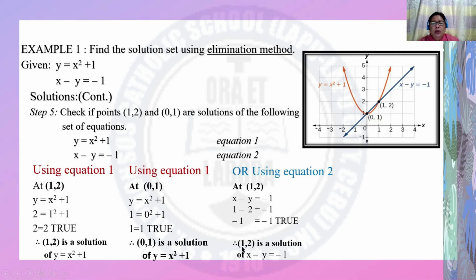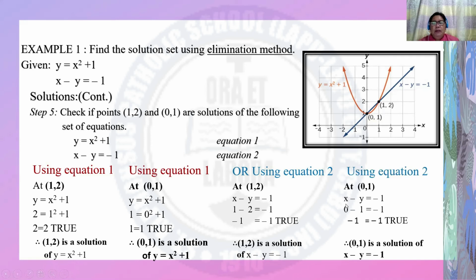Therefore, the point with coordinates 1, 2 is a solution of x minus y equals negative 1. And at point 0, 1, we have to substitute 0 to x, 1 to y, then we still have a true statement. Therefore, the point with coordinates 0, 1 is a solution of x minus y equals negative 1.